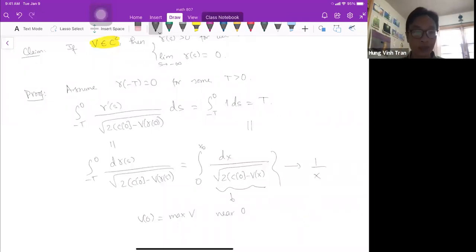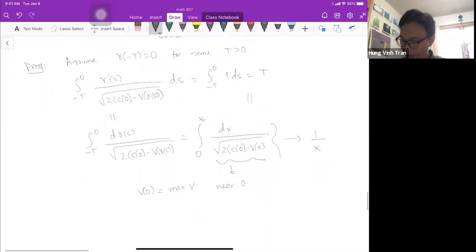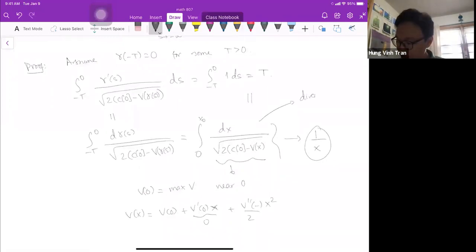Because you write out the Taylor expansion, right? V of x equals v0 plus v prime of 0 times x, this equals 0, plus v double prime of something times x squared over 2. And clearly near 0, this would behave like 1 over x, which means that this integral diverges.